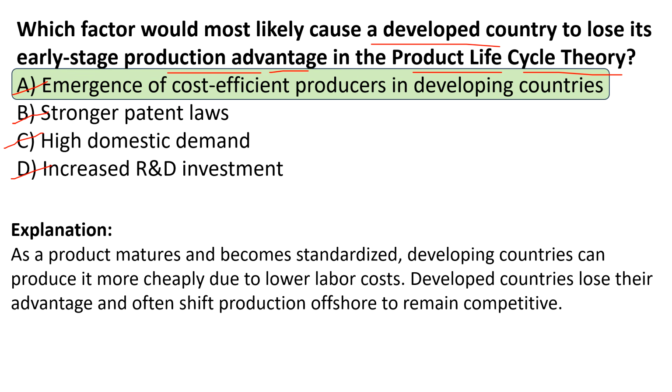As a product matures and becomes standardized, developing countries can produce it more cheaply due to lower labor cost. But this happens only in the maturity phase. Clear? Developed countries lose their advantage and often shift production offshore to remain competitive. Correct? To stay in the market, they may take these kinds of steps to keep their product alive in that market.